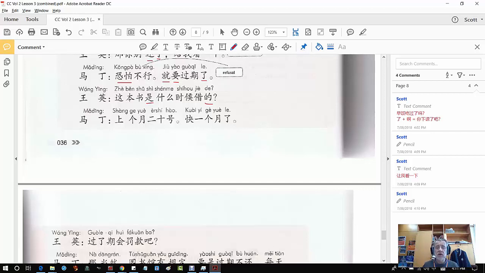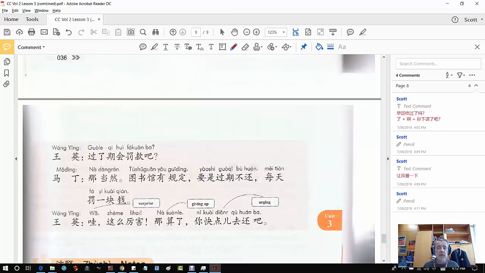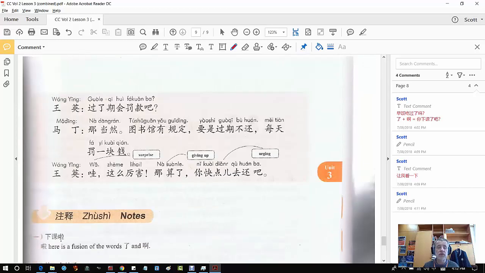And then he says 快一个月了. So that 快 and the 了 also means that something is going to happen soon. And in this case it's saying it's soon going to be 1 month. 快一个月了. So clearly they're only allowed to borrow the books for 1 month.